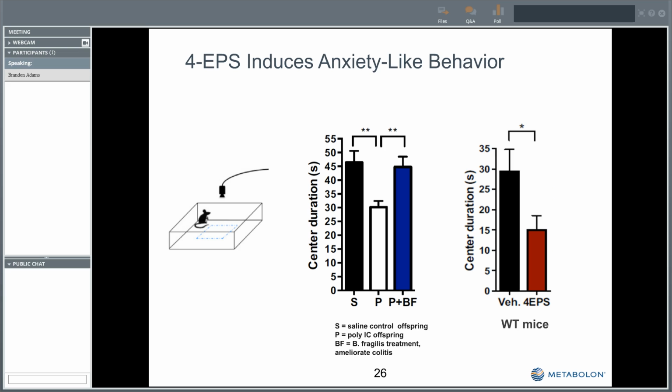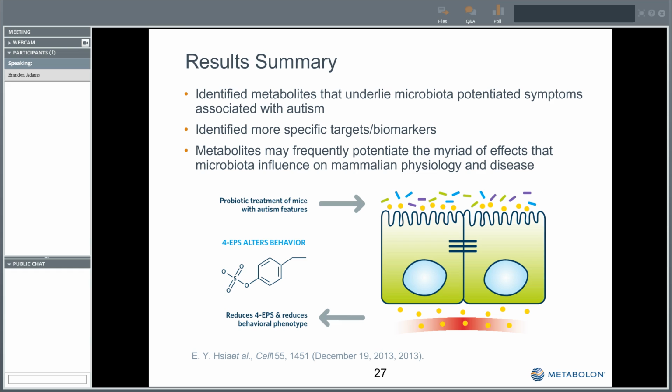Offspring coming from the infected mother spend less time in the center compared to the saline control, and this was reversed with B. fragilis treatment when gut permeability was ameliorated. Importantly, the investigator was able to show that by just taking the wild-type animal and giving a daily injection of 4-EPS, it is sufficient to induce this anxiety-like behavior.